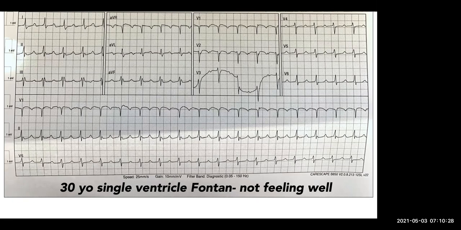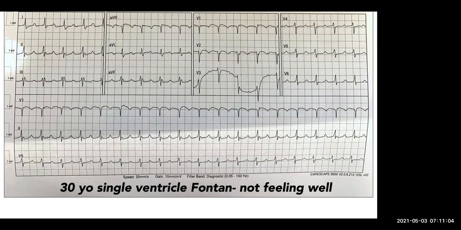So looking at this, we have a narrow complex rhythm with a rate of maybe 110 to 120 thereabouts. And looking at the rhythm strip, I don't see any obvious P waves.